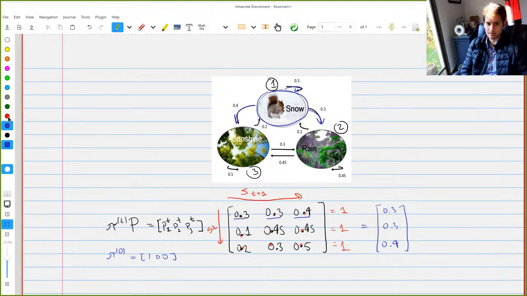If we instead started from the rain state, our probabilities are this one and this one, which are these ones here. And if we started from the sunshine, our transition probabilities would be these ones.